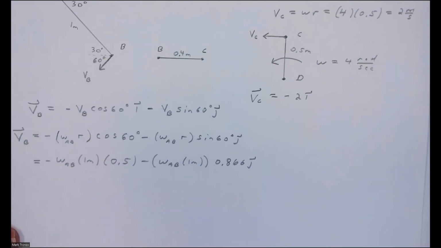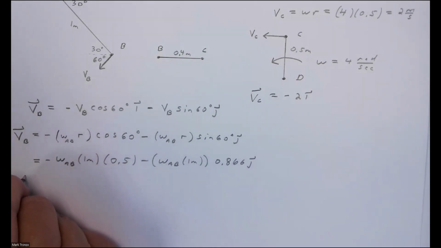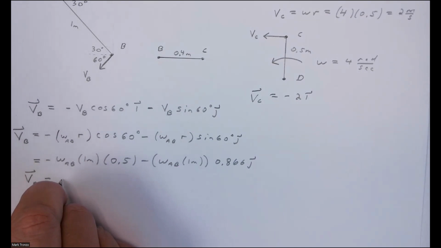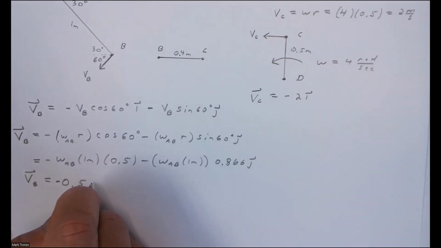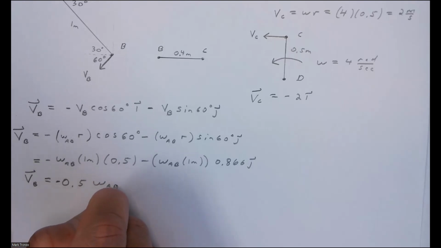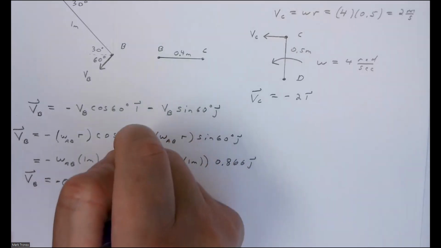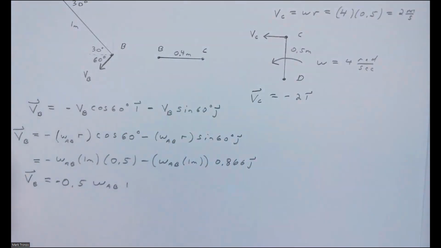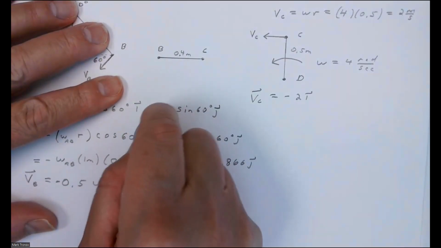And we can rearrange that a little bit so that we finally get VB is equal to negative 0.5 omega AB i. And there should have been an i in here. I left the i off.